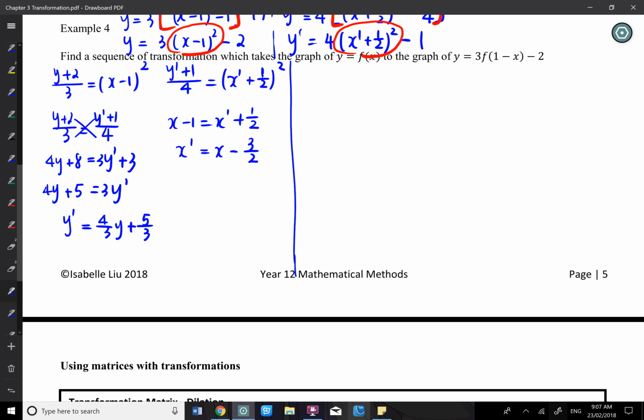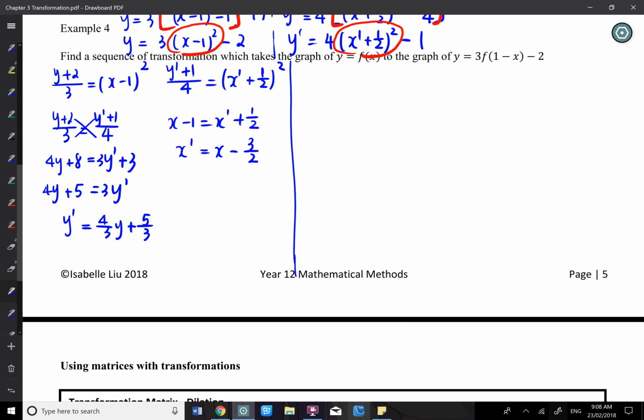But the complex one will be how I can dilate not from the x-axis, but from the y-axis. Let's have a think about this. If you don't want the dilation factor to change y, there shouldn't be any coefficient outside the bracket, because if you have something outside the bracket, that thing will move to the left, and then y will get dilated.